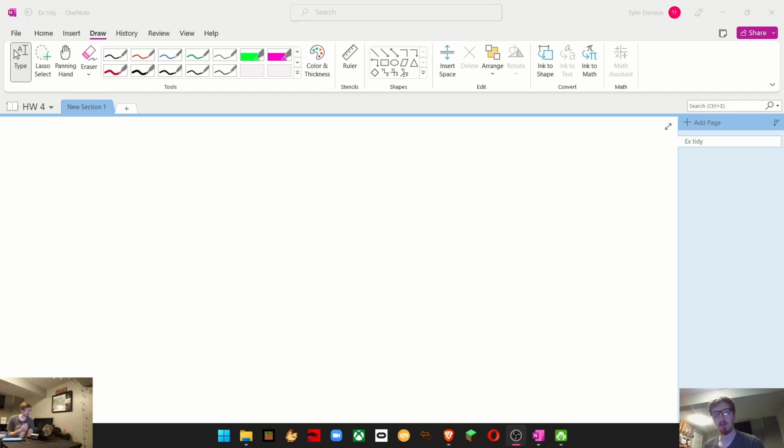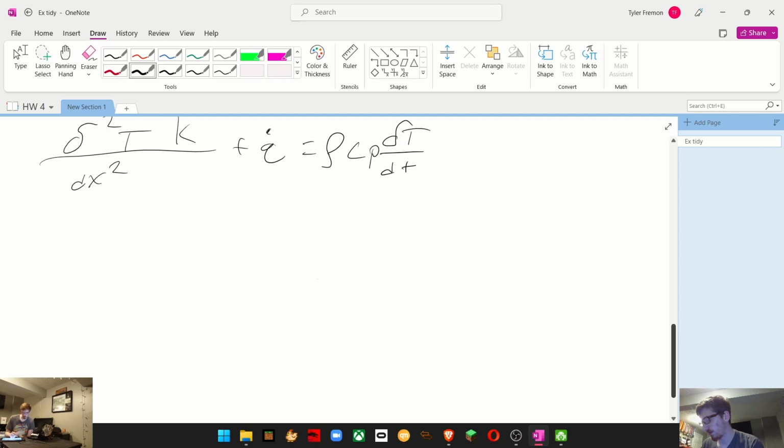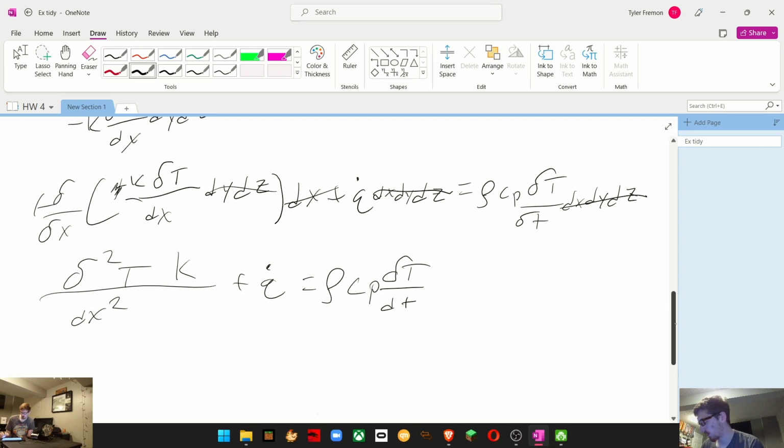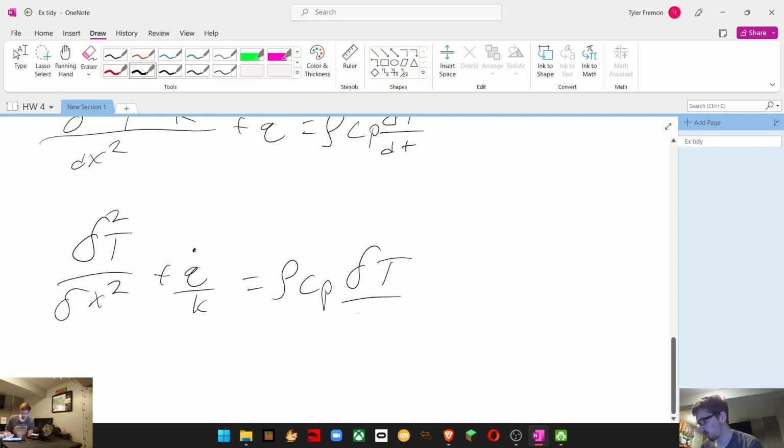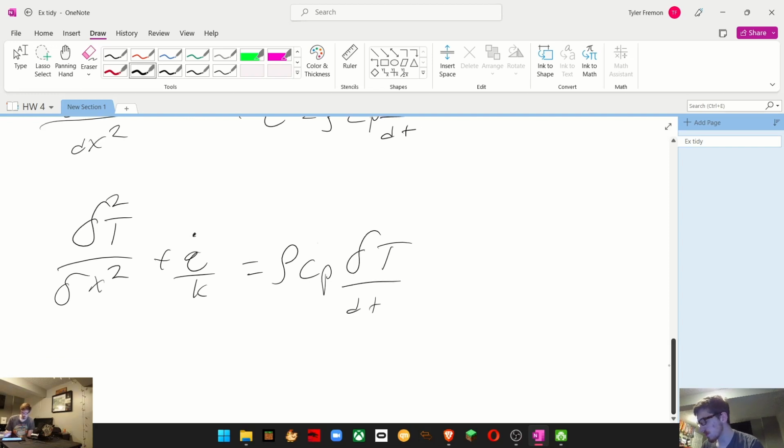So from here, we can just do a little more simplification and substitution. So let's go ahead and divide across by k, which I did forget to write down previously. I added that here. So we have d squared T over dx squared plus q dot over k, it's going to be equal to rho times our heat capacity times the change in temperature with respect to time over k.